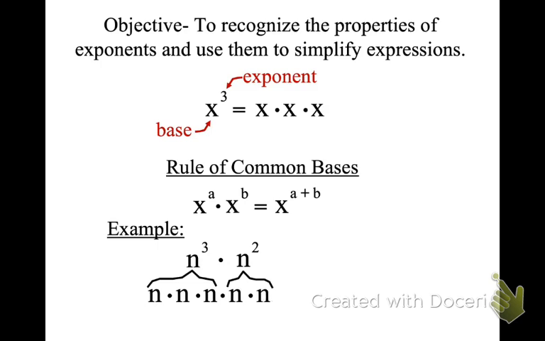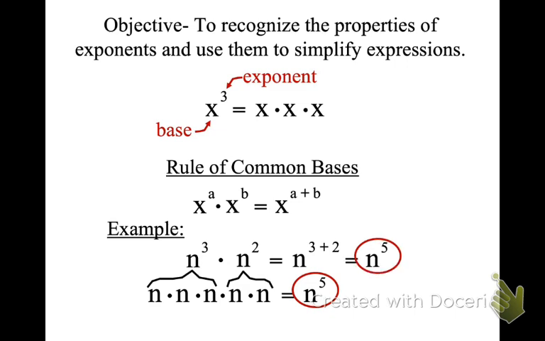But instead, when two terms with a common base are being multiplied together, we add the exponents, 3 plus 2, and we get the same result.